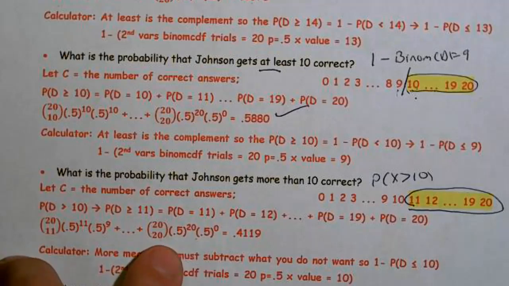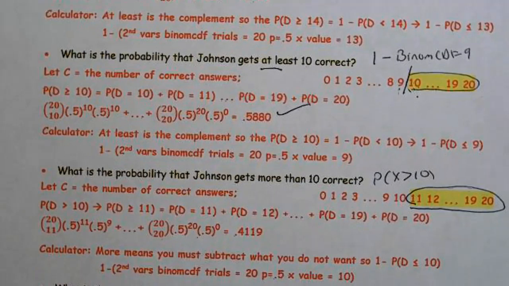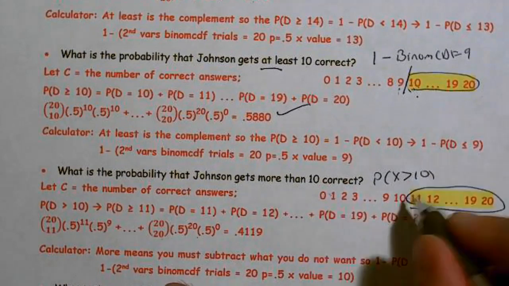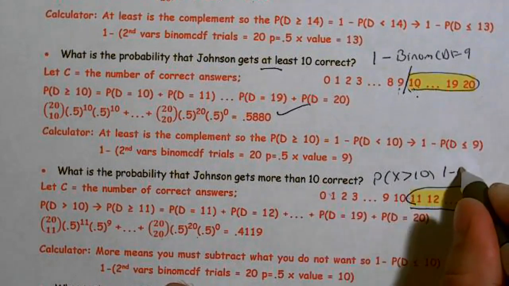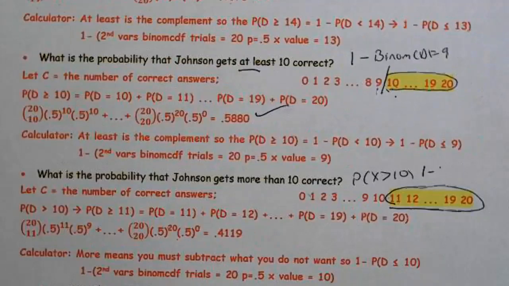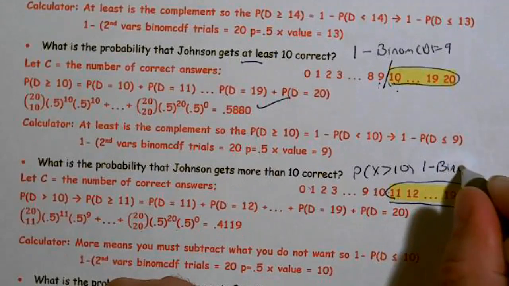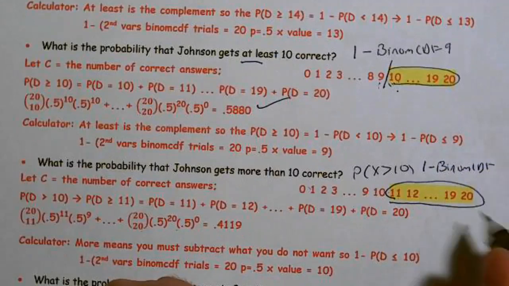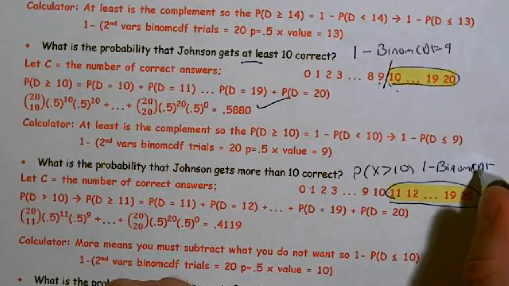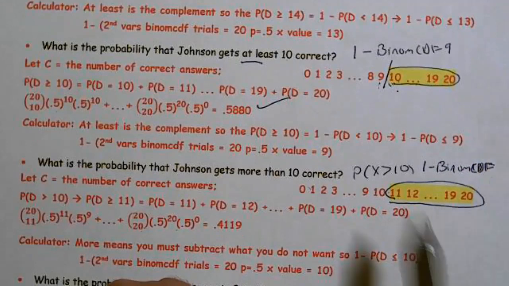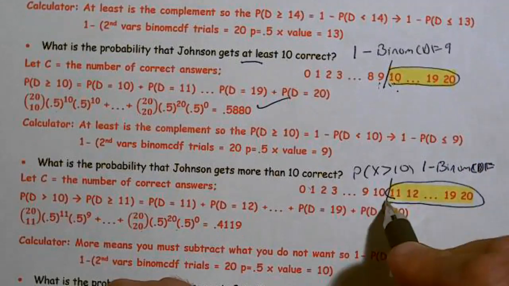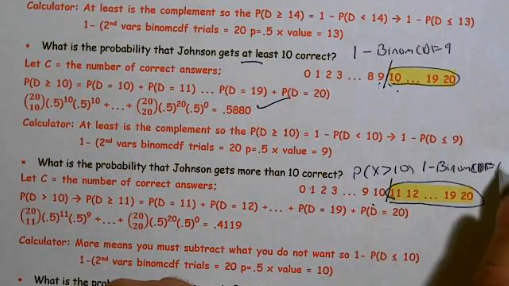Now I have to be really careful here. All right. So with that said, 0 is not included. If 0 is not included, I'm going to have to do a 1 minus. Anytime 0 is not included, I have to do a 1 minus. So 1 minus the binom CDF. And remember, we're always subtracting out the highest value we didn't want. We want 11. We're not interested in 10. So we subtract out what we don't want.